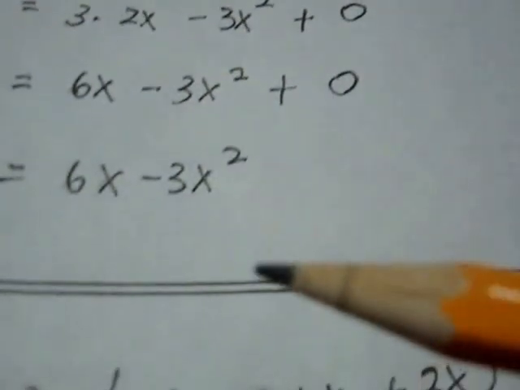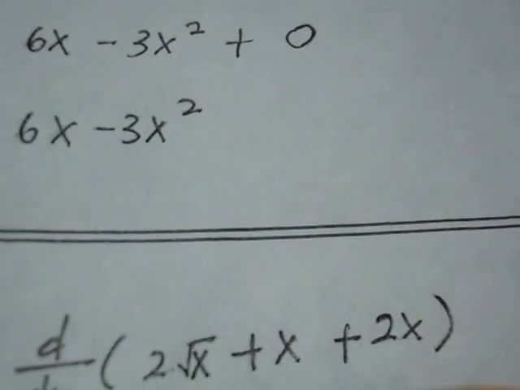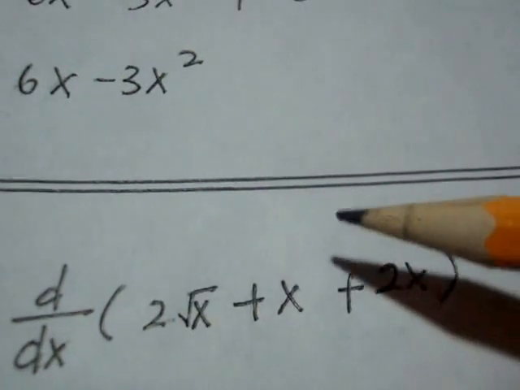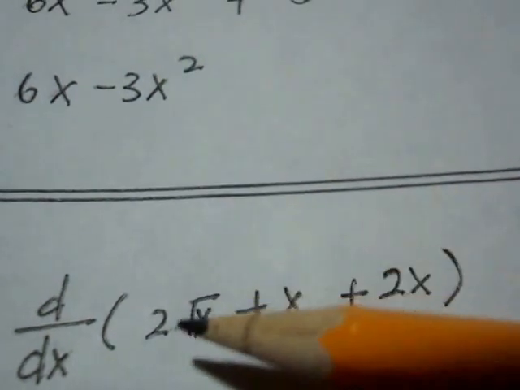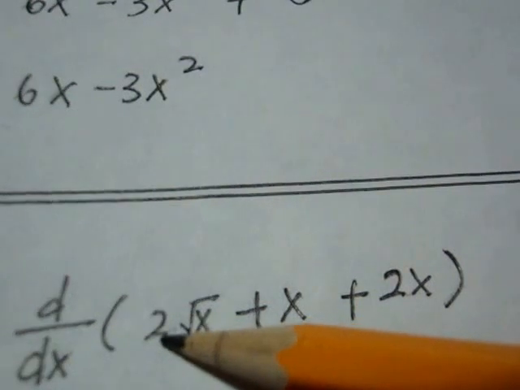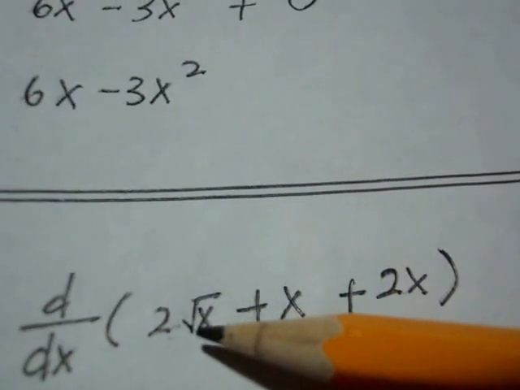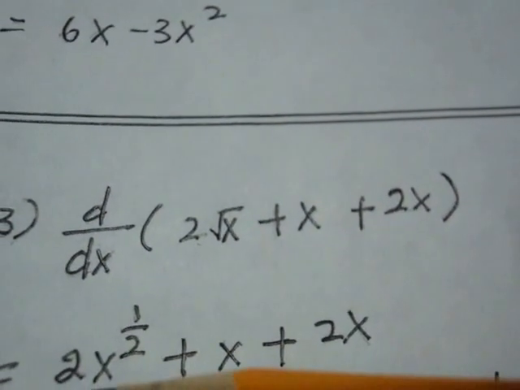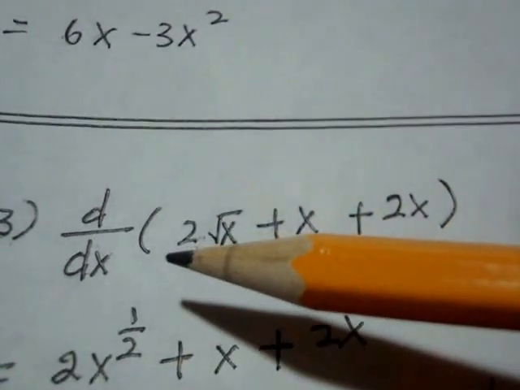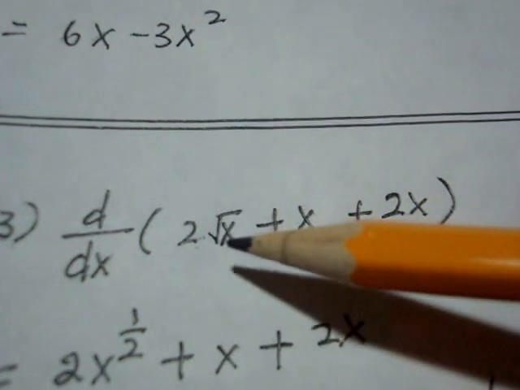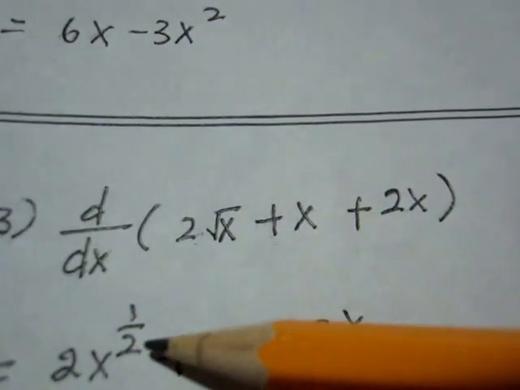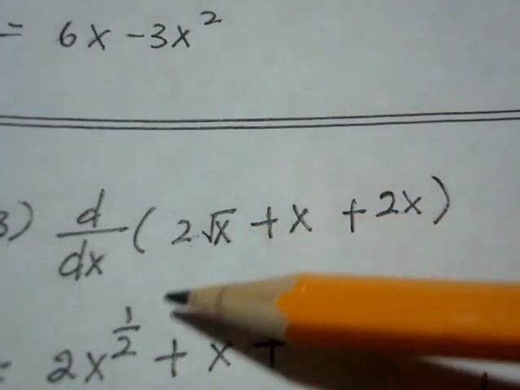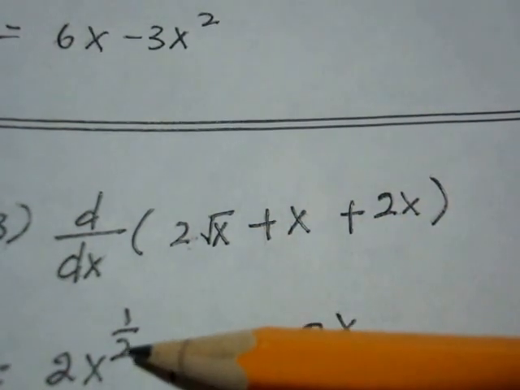Example 2. Let's say that you are asked to take the derivative of this whole expression. To take the derivative of 2 times radical x, you bring out the 2. But before you do that, you always change the radical into a 1/2 exponent, because radical x also means x raised to 1/2.